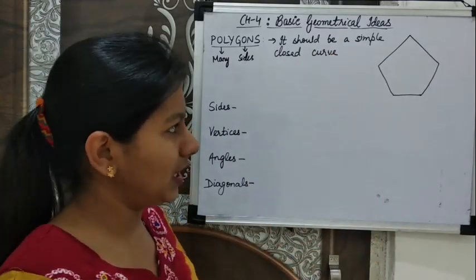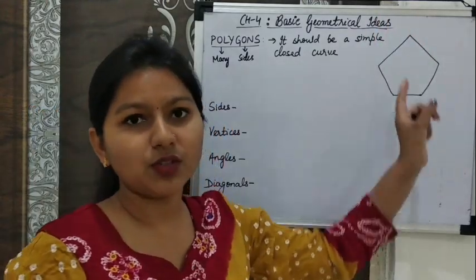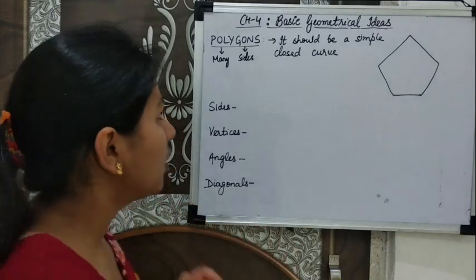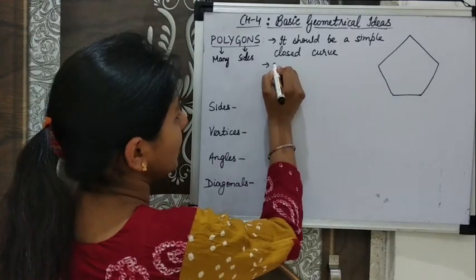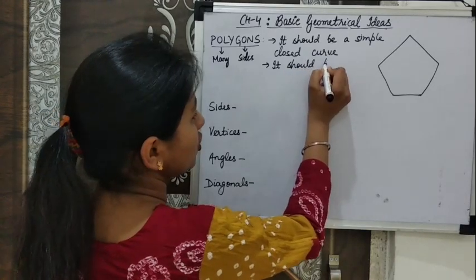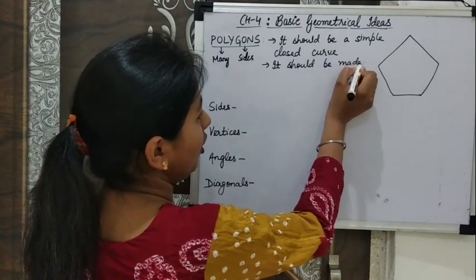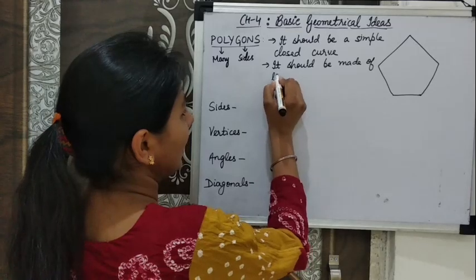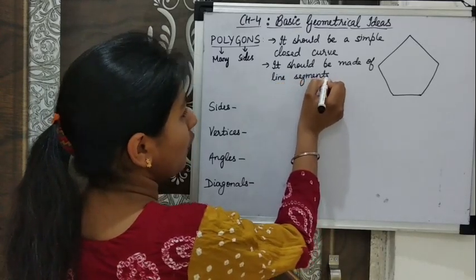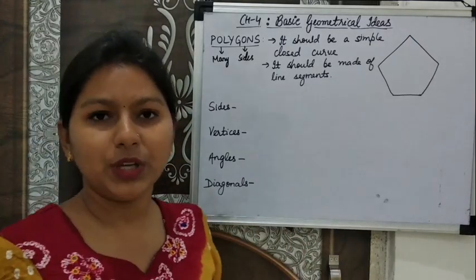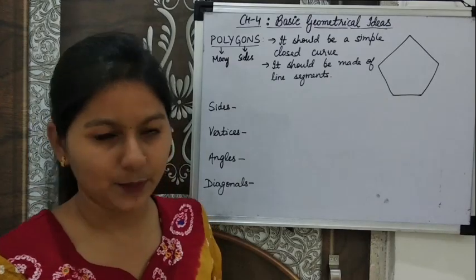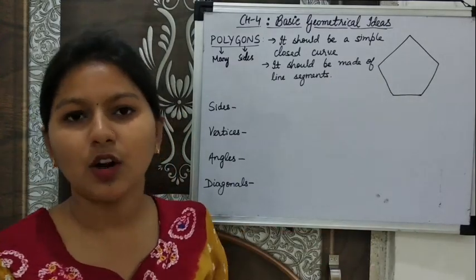Simple closed curve means it should be a closed figure without any crossing between the sides. And second point, it should be made of line segments. These two are the conditions for any figure to be a polygon. If any one of the conditions is not satisfied, then the figure is not a polygon.